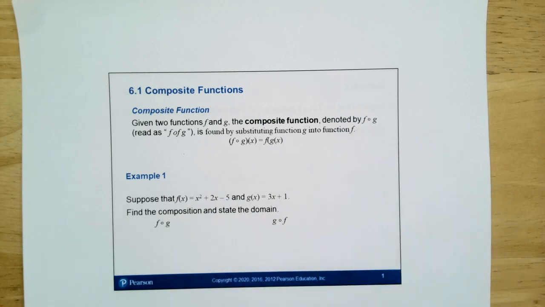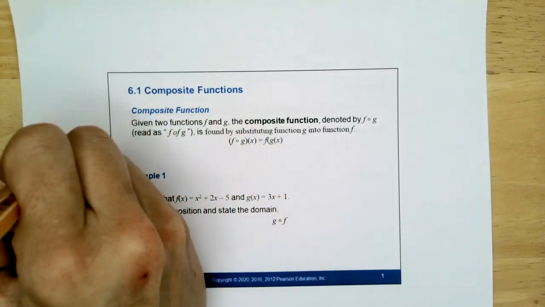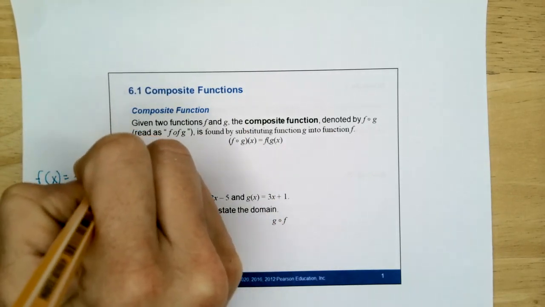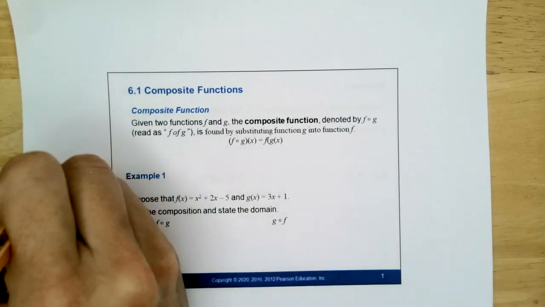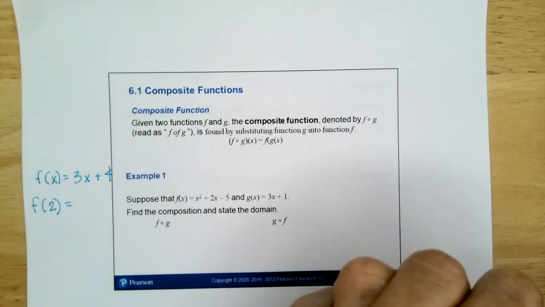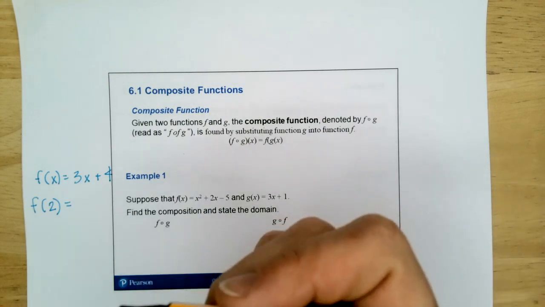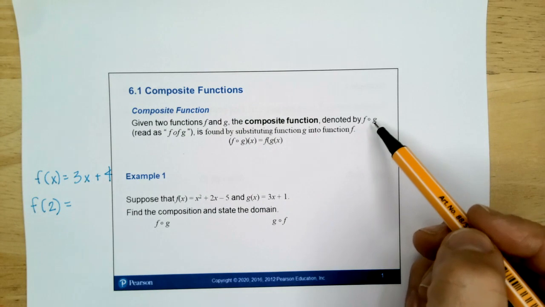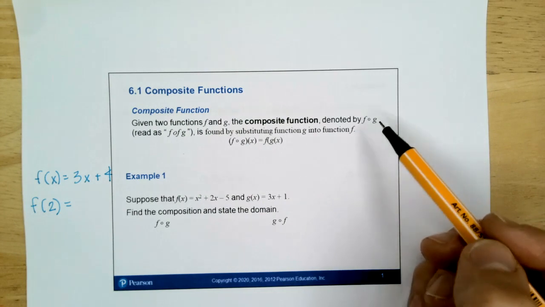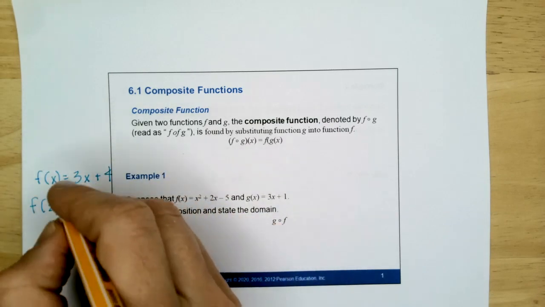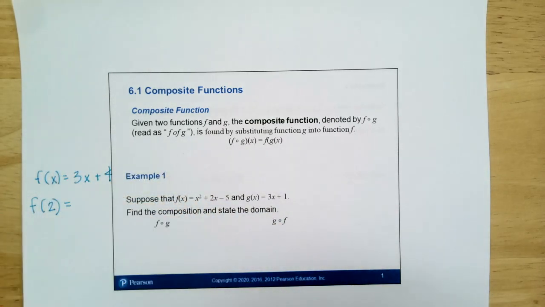So let's say I had f of x is equal to 3x plus 4, and asked you, what is f of 2? Notice the wording, f of 2. That's the same phrase as f of g. How do we find f of 2? You take the 2, substitute it into f of x for the x.